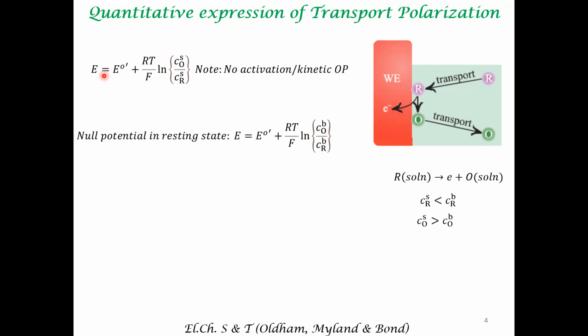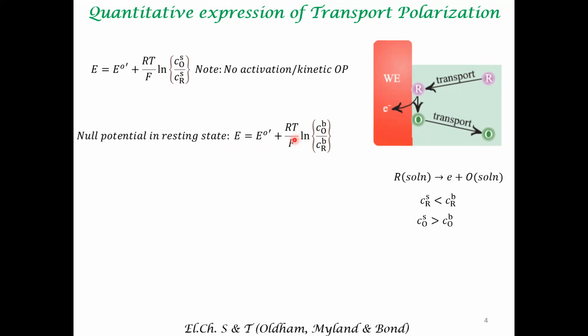These values are of significance because they tell me how I will be able to generate anodic currents and cathodic currents.